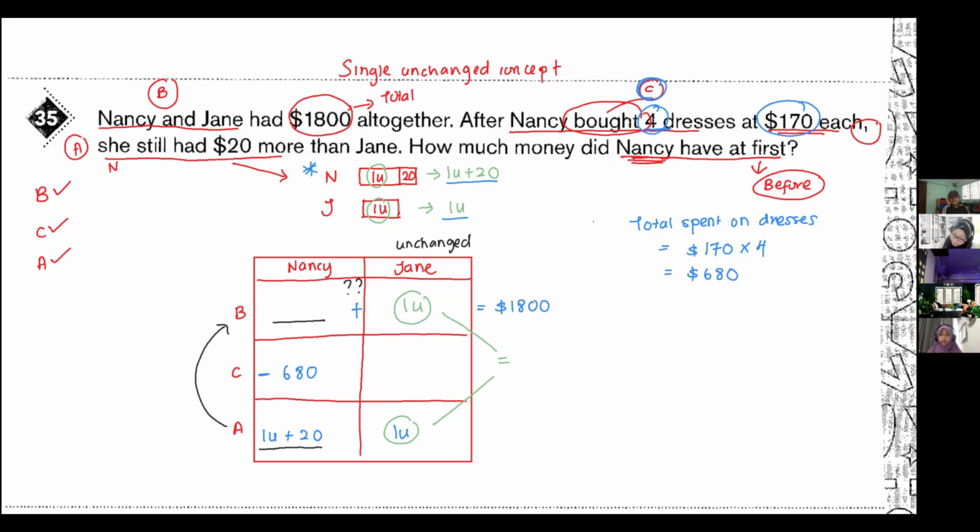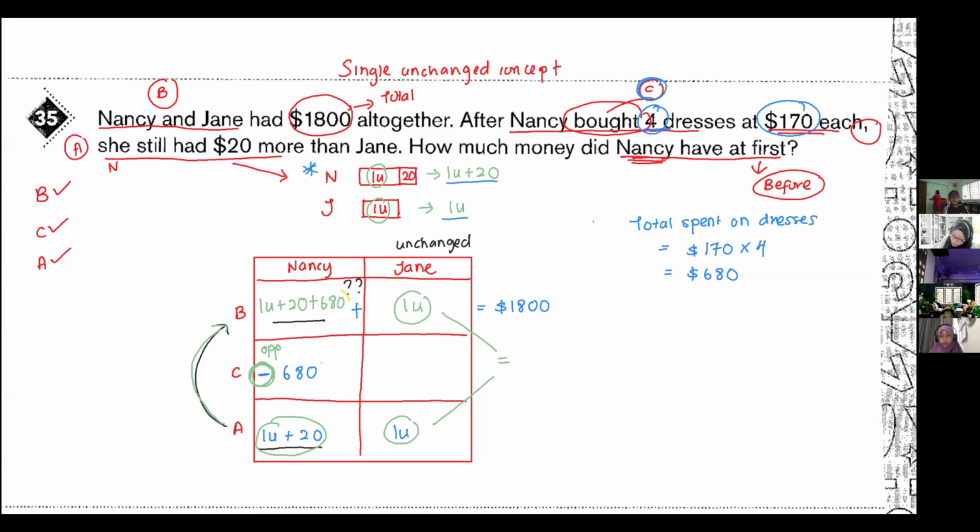How do I go backwards? So I bring up. Can you see the 1 unit plus 20, this one? I follow the arrow. I bring it up. So 1 unit plus 20. Then comes this one, right? Minus 680. When you go backwards, this minus sign will become the opposite. So instead of minus, when you bring up, it becomes plus 680. Okay. So what is this information here?